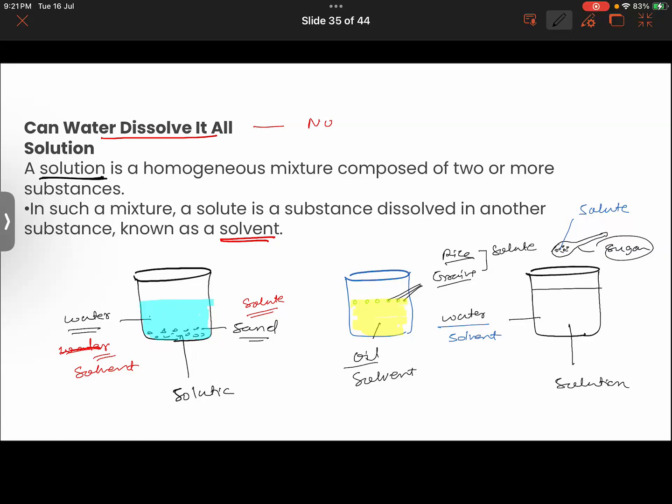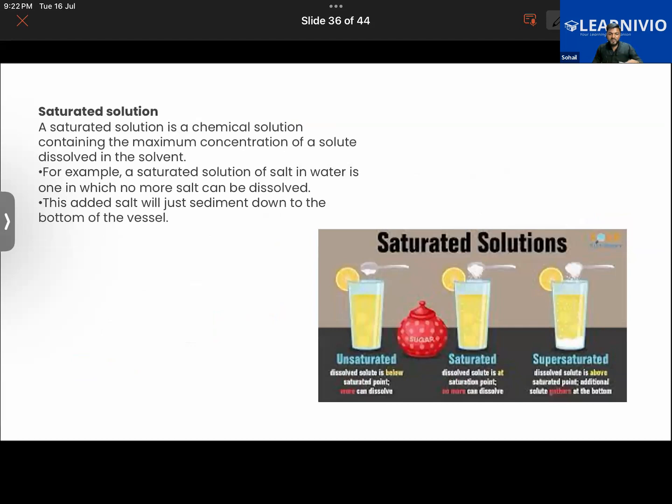Sir, so a solution is a mixture, right? It is a mixture and it will be made up of two different things. Basically, one will be solute, another one will be solvent. We have so many different solutions. For example, lemon water is also a solution, isn't it? Yes, sir. Sir, can it be done with only two things? No, two or more, more than that too. For example, here we have taken some sugar, lemon, and water.